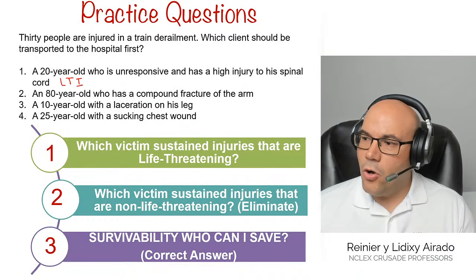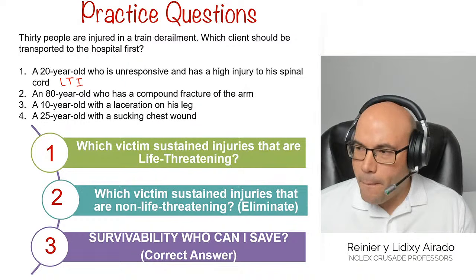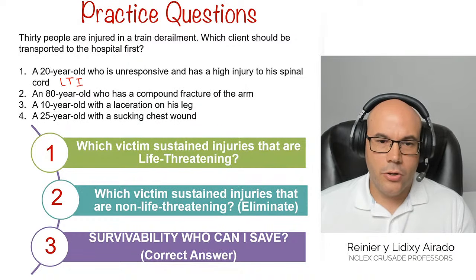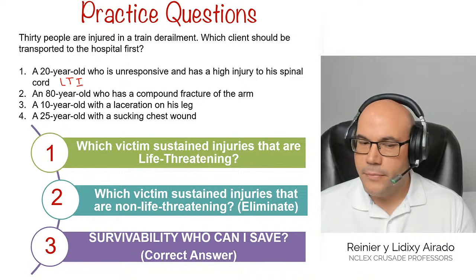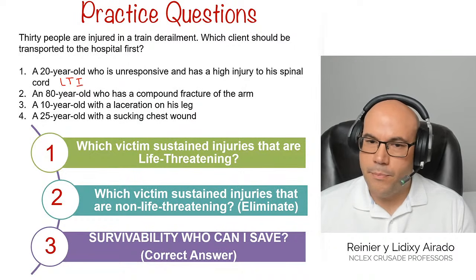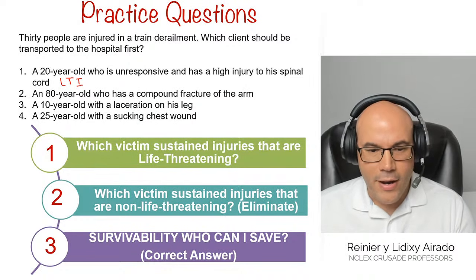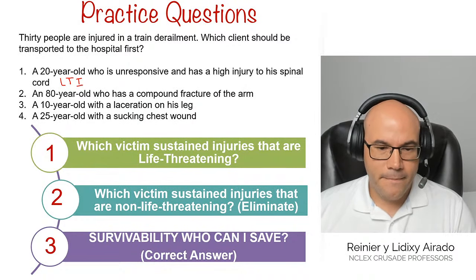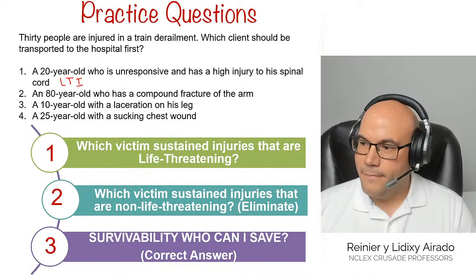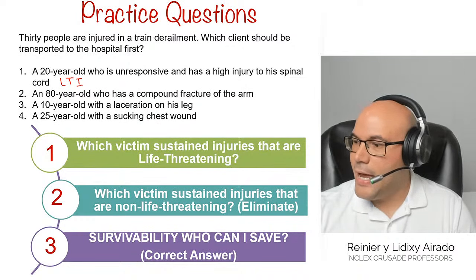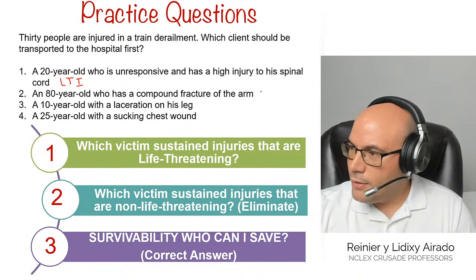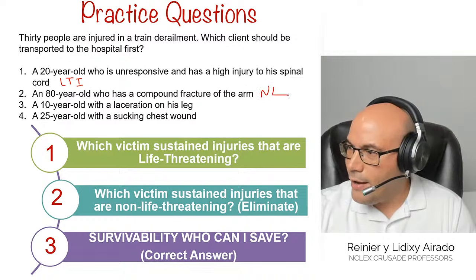Okay, perfect. Let's go to patient number 2. An 80-year-old who has a compound fracture of the arm. Do you think patient number 2 has a life-threatening injury? Nope. This is a non-life-threatening injury.